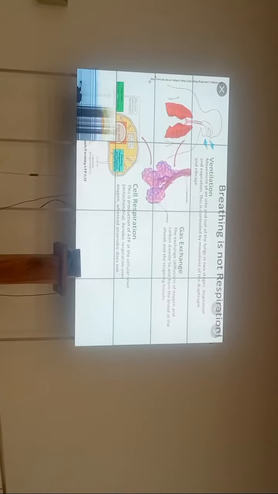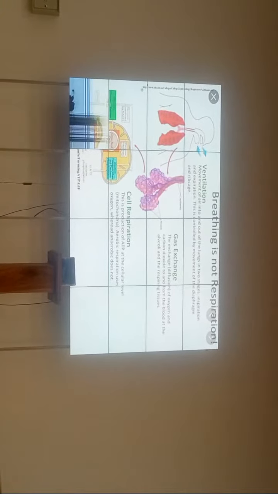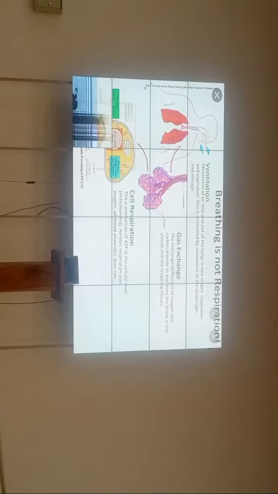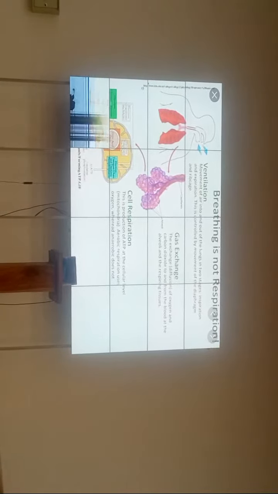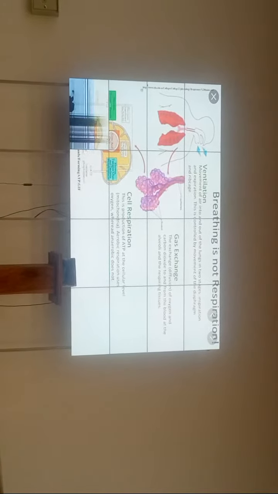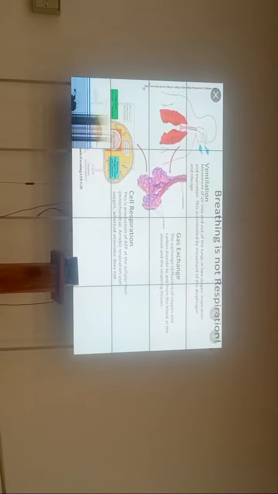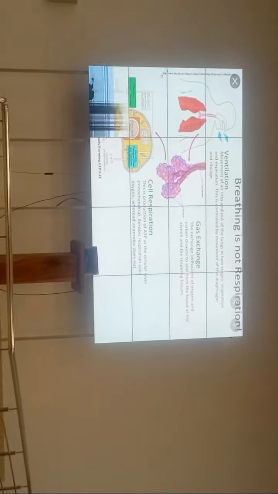I hope that makes sense. Yes? There is intrapulmonary pressure, which is the pressure inside the alveolus. There is intrapleural pressure, the pressure inside the pleural cavity. The difference between the two is called the transpulmonary pressure. Okay.